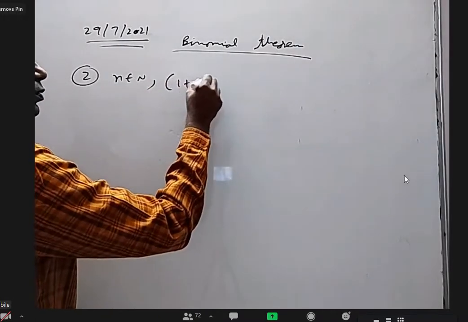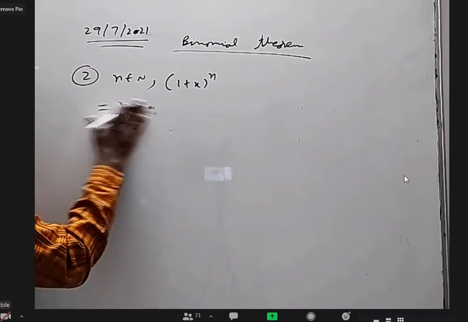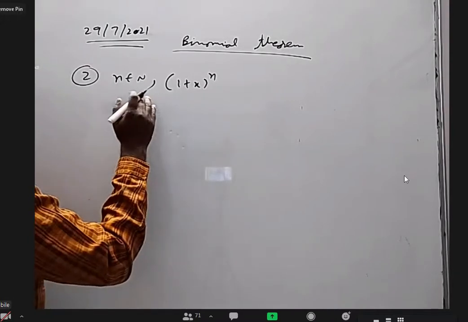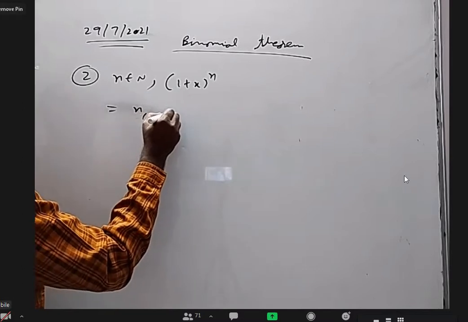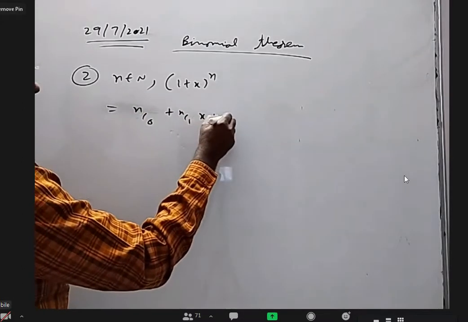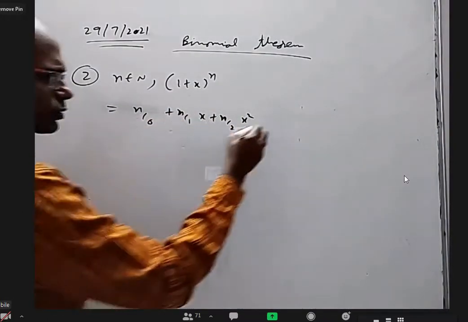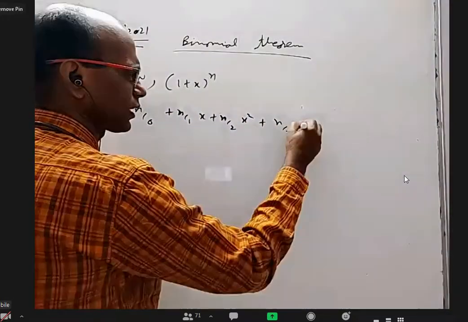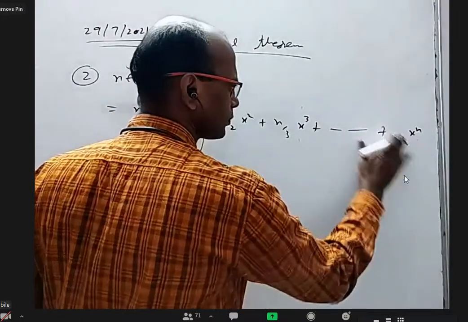(1 plus x) whole power n is nC0 plus nC1 into x plus nC2 into x square, nC3 x cube, and so on up to nCn x power n.